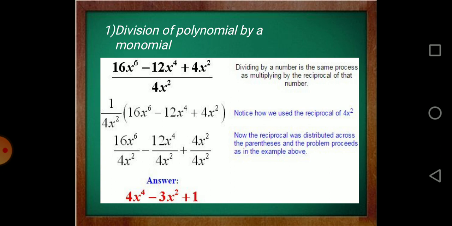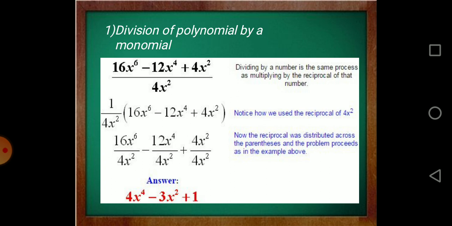Thus, every term of the numerator is getting divided by 4x square or getting multiplied by 1 by 4x square. It is one and the same. Let us see the division of each term of the numerator by 4x square.